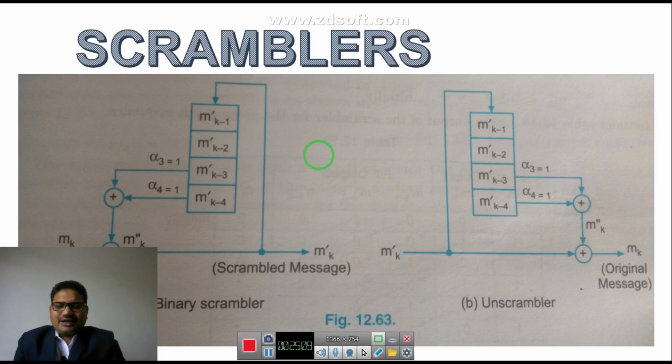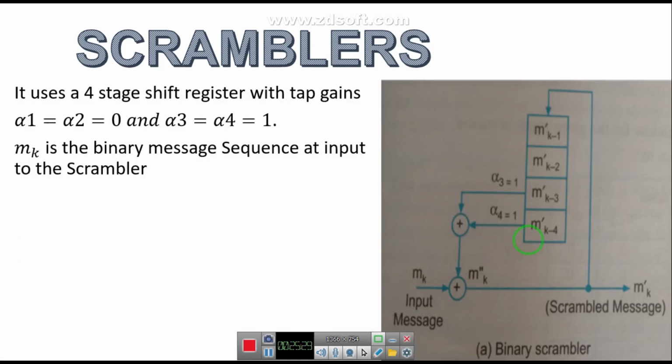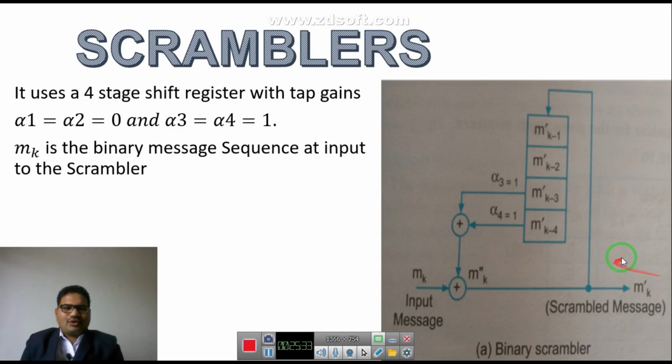This is the figure on the screen showing how the scrambler looks. See, this part is called the transmitter. This is the scrambler and this is your unscrambler. Now, first we will see the scrambler. So this is your binary scrambler.